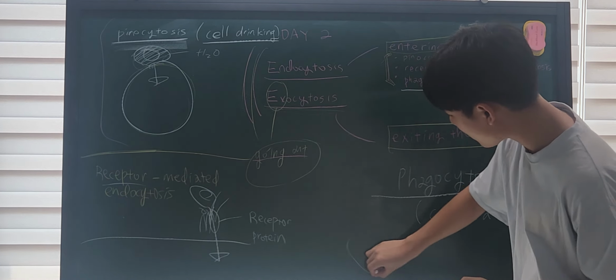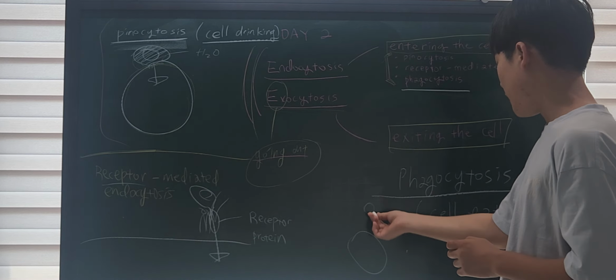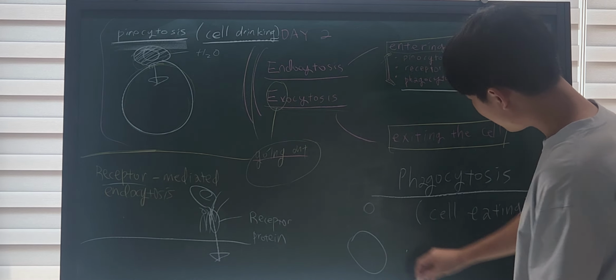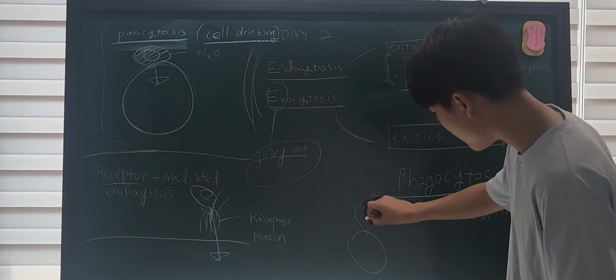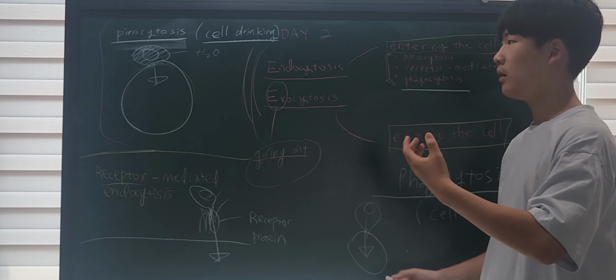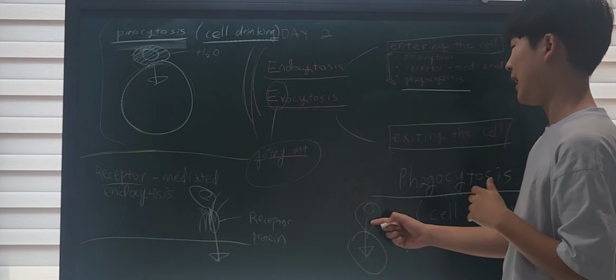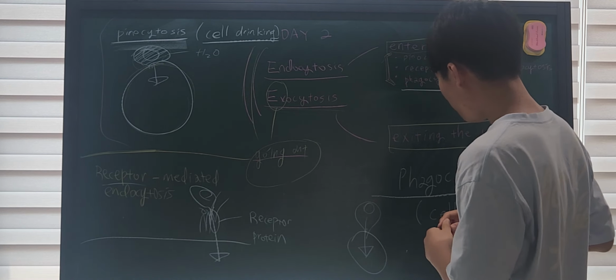Say there's a cell right here, and the molecule that needs to be brought into the cell right here. Then the cell forms a vesicle around it, and it just pulls it in. It's like eating. If there's food right here, we just take our hand and put it to our mouth. That's the same analogy as this.